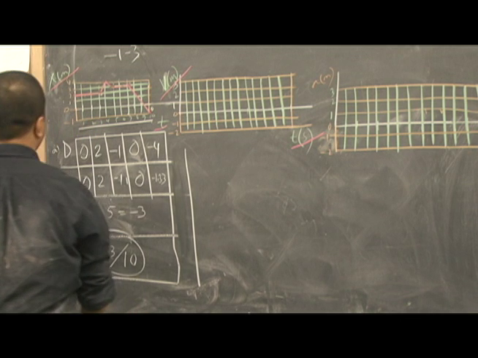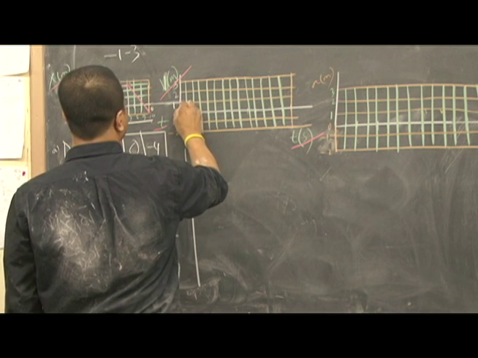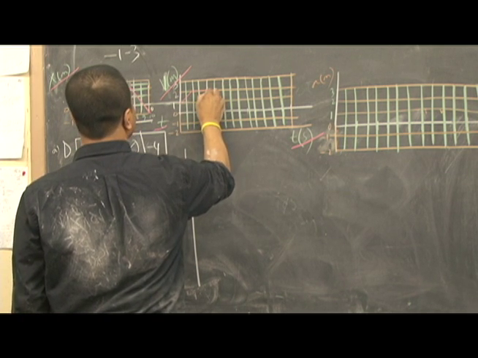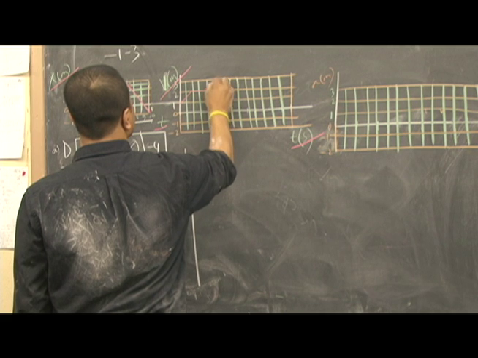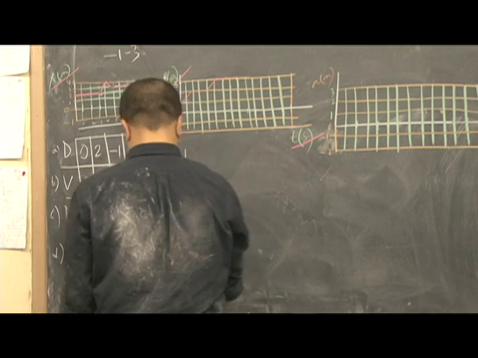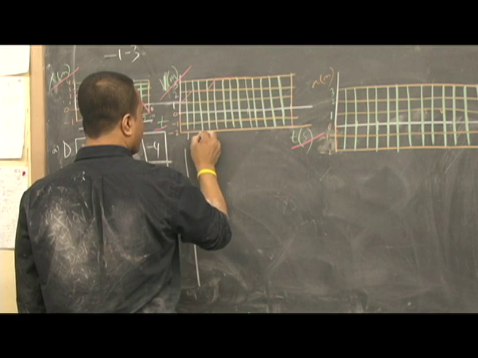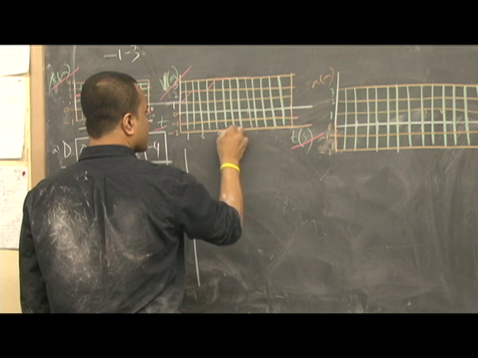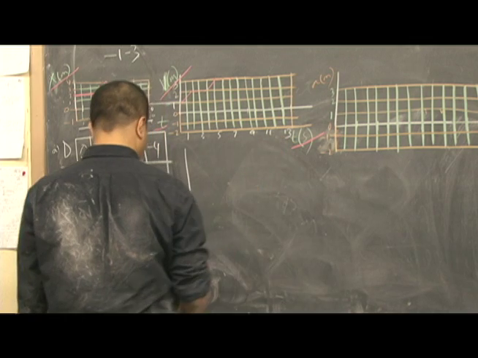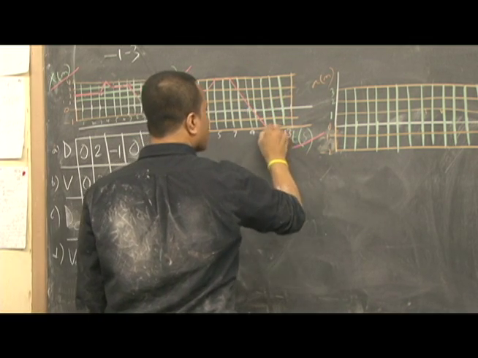So let's say a car starts from 1 and comes here and then moves 2 units and then goes 1 unit and moves 2 more units and comes all the way to, all right, let's put some units here.